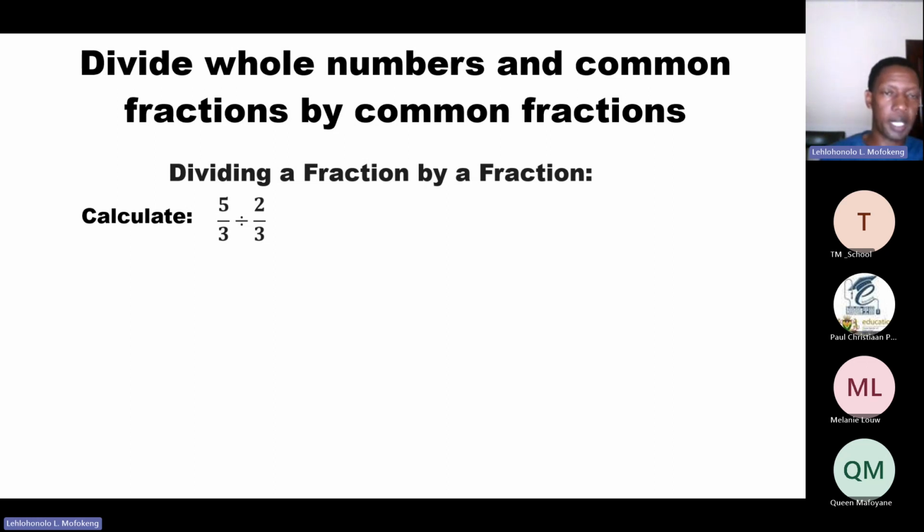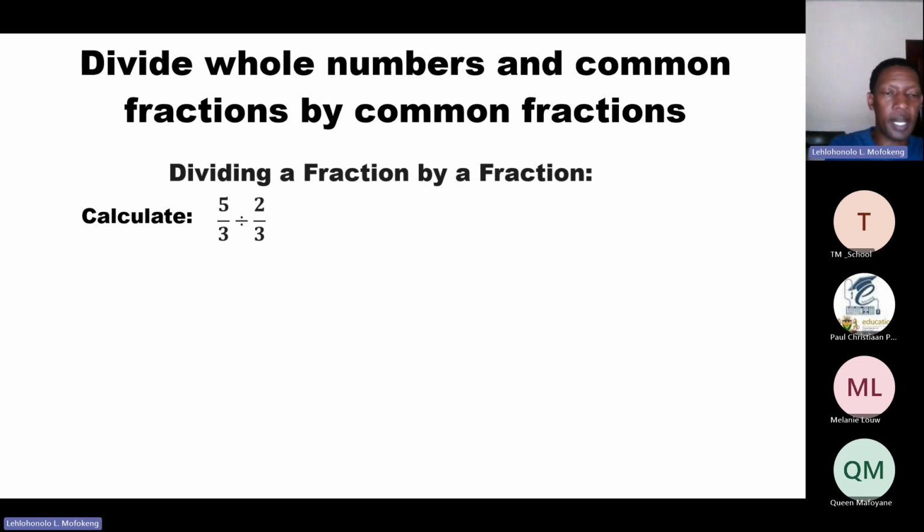So in essence, in the previous example, we have actually divided a fraction by a fraction. It's just that the first fraction was a whole number, but you can express it as the fraction 2/1. So we are going to do the same as we did in dividing 2 by 2/3.